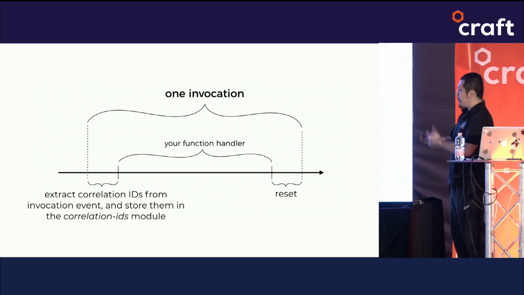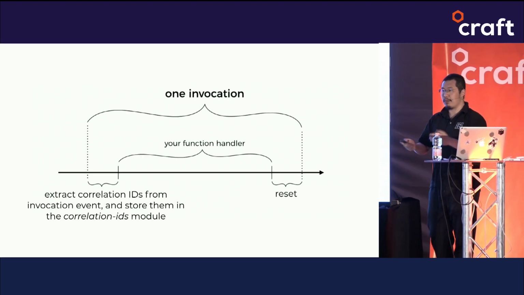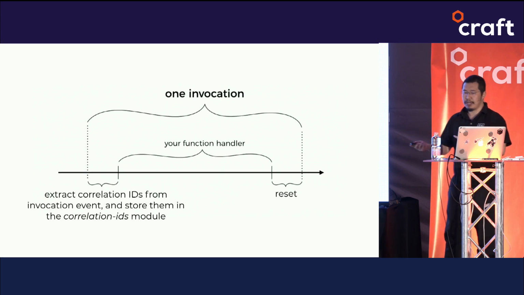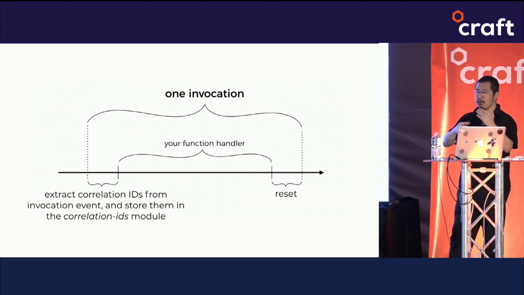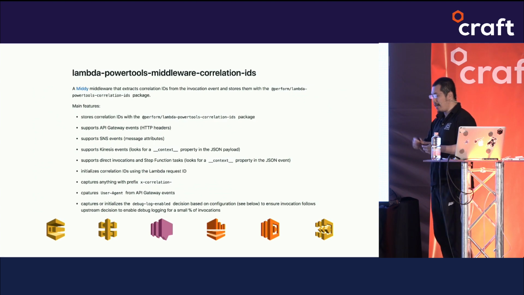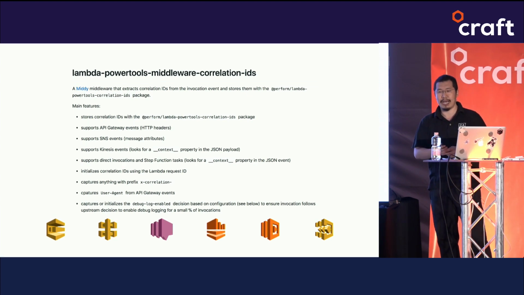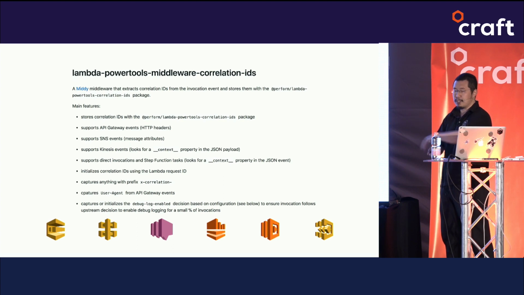So I can have a middleware applied to my function that will automatically extract the correlation IDs from the incoming invocation event and make them available to my logger, so that whenever I log something, they will be included automatically. And whenever I make an outbound request to another HTTP endpoint or to another AWS service, it also knows how to include them and forward them on as well.